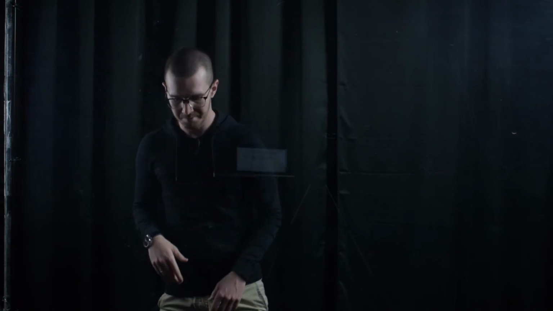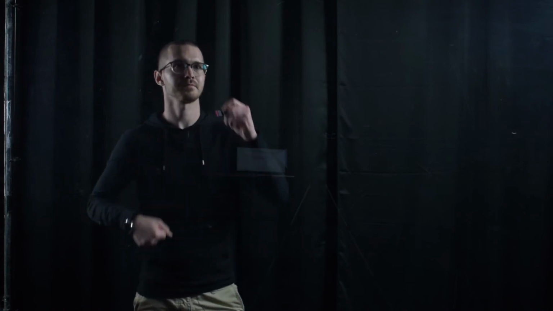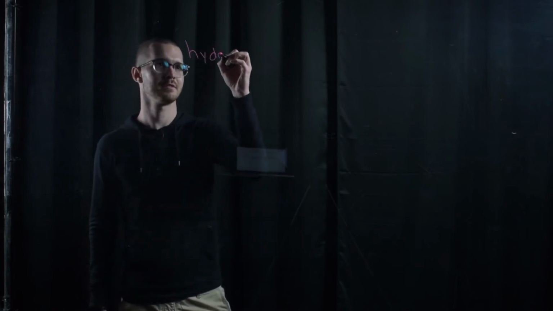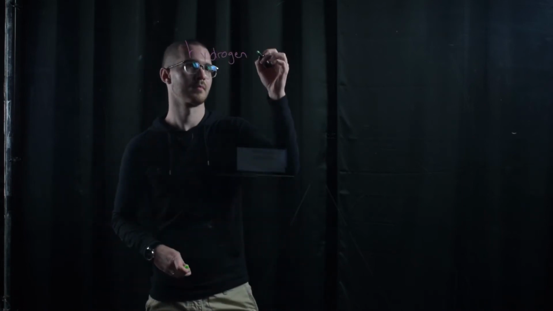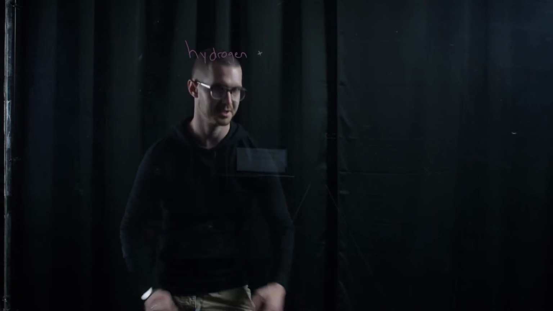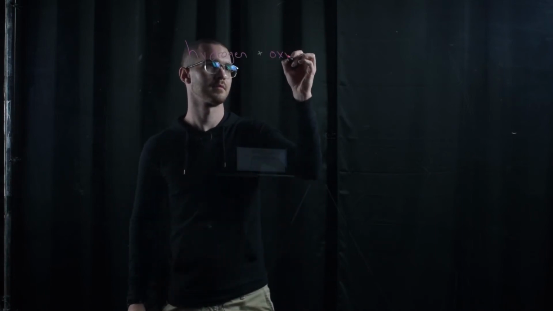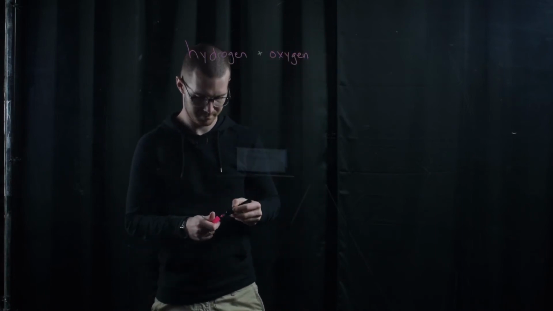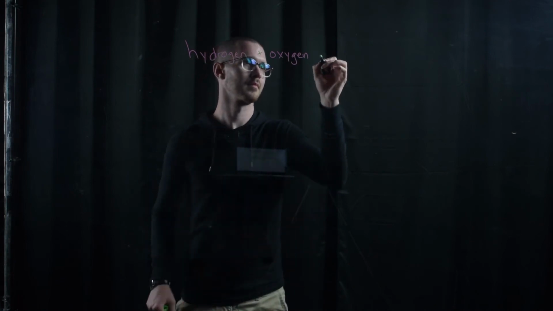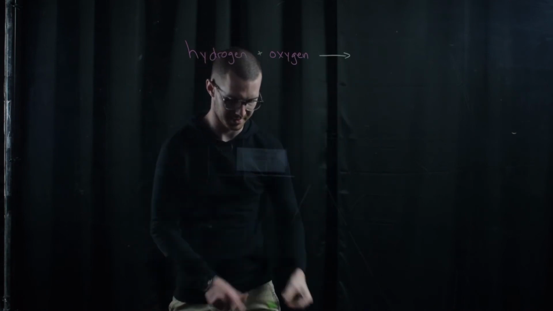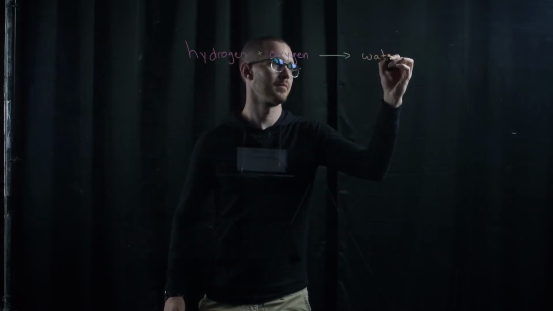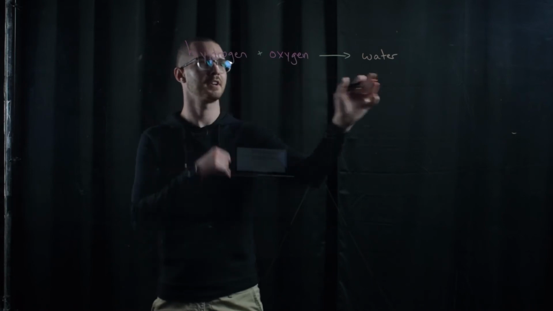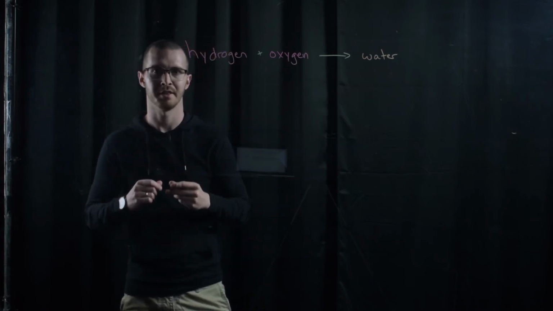So the reaction can be described just using words by simply saying hydrogen plus oxygen gives us water. Now I'm writing my reactants in a different color than my products to be able to show that they are different.